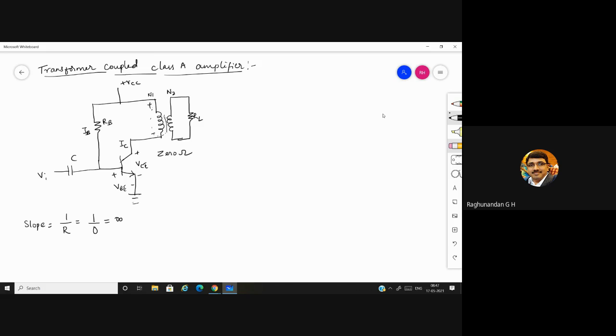So now, on applying KVL to the outer loop, what equation will you be getting? The outer loop is this one.